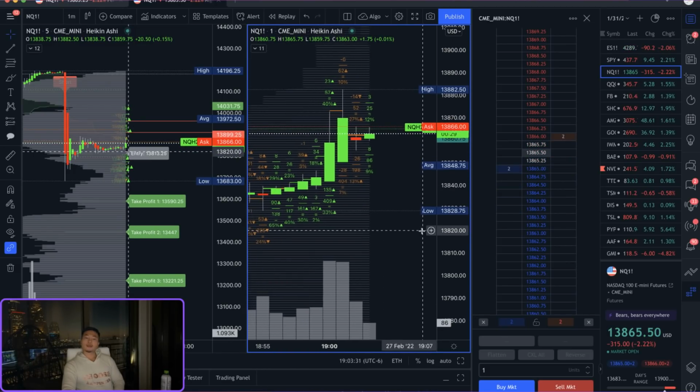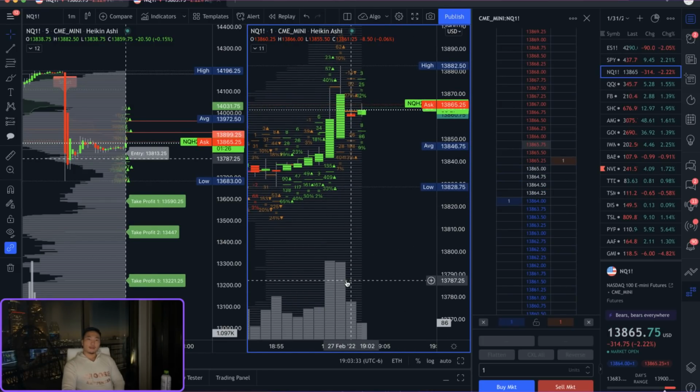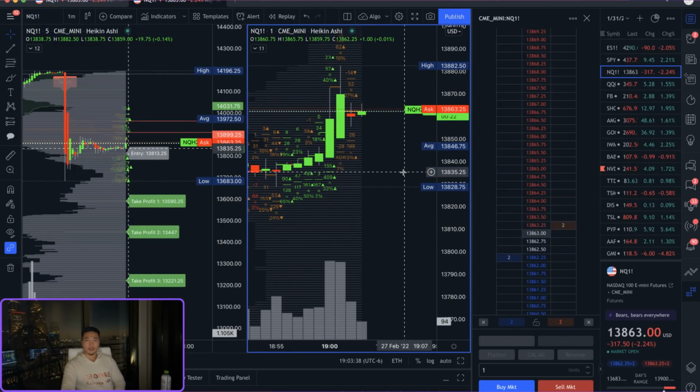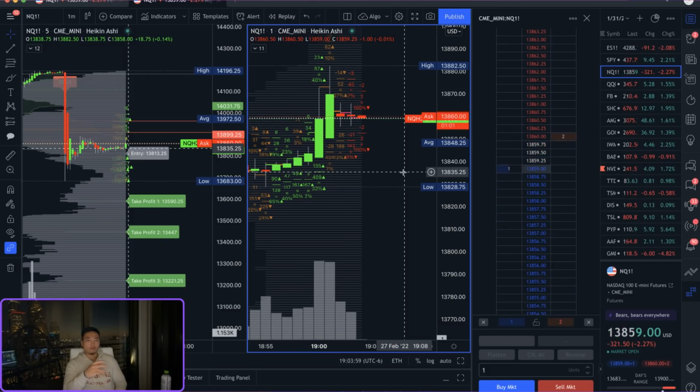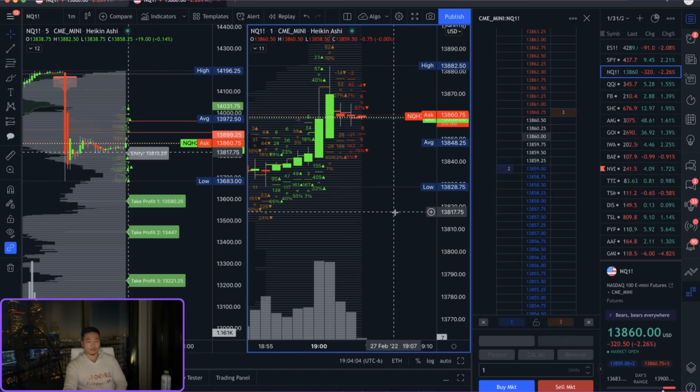And usually when volume is significantly high on that specific candle, and the wick of that candle is top ticking or low ticking, it indicates that most of the time that is the top or that is the bottom, meaning there is a really big wall of buy or sell orders.